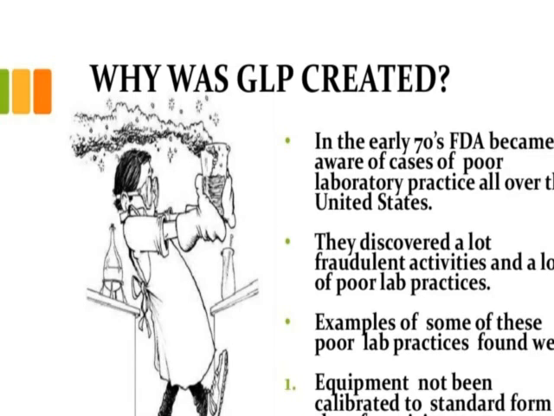That means we can prepare rules and regulations, provide the infrastructure and the facilities to the lab so that it can maintain the safety of the person working in that lab, as well as give highly accurate, reproducible results. Due to these conditions, finding poor lab practices all over the USA, they created these GLPs.